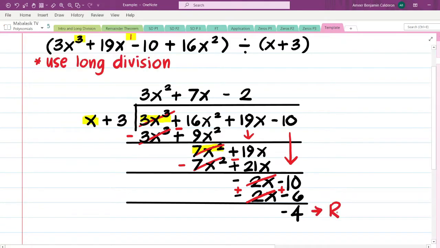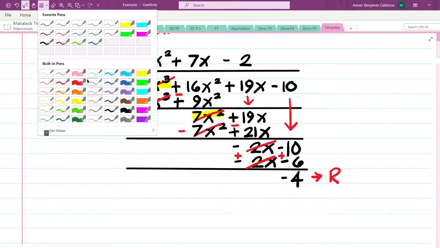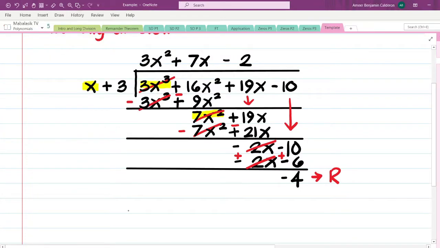So how do we express now our quotient when 3x cubed plus 16x squared plus 19x minus 10 is divided by x plus 3? So our final answer will be 3x squared plus 7x minus 2, that is the quotient, plus the remainder, that is negative 4 over the divisor x plus 3.